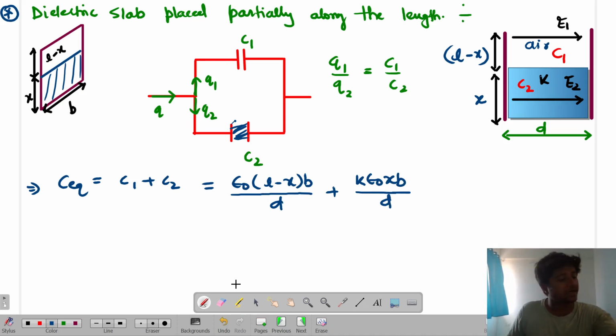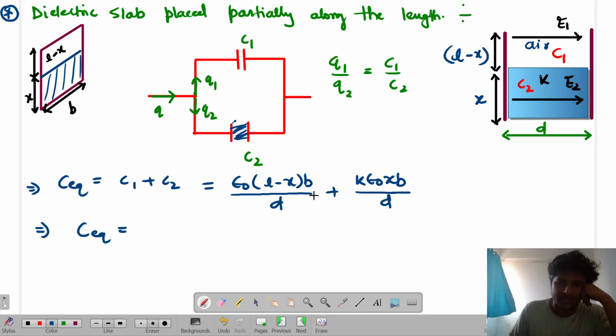So now what can I write as C equivalent? Basically I can take B common, isn't it?